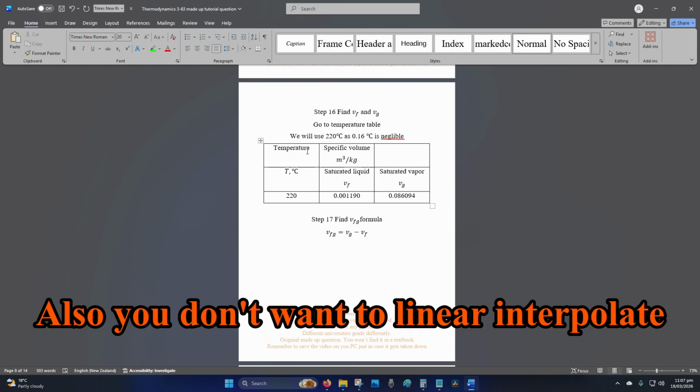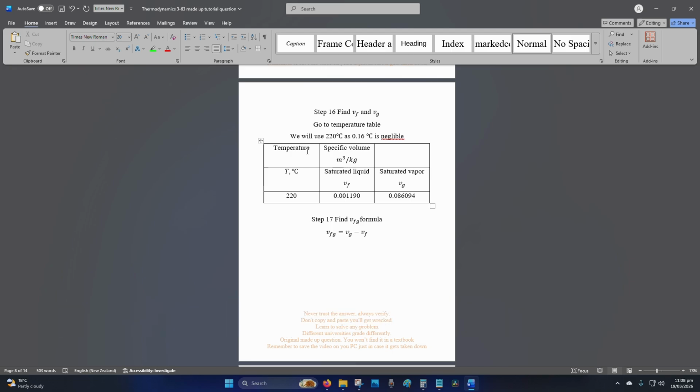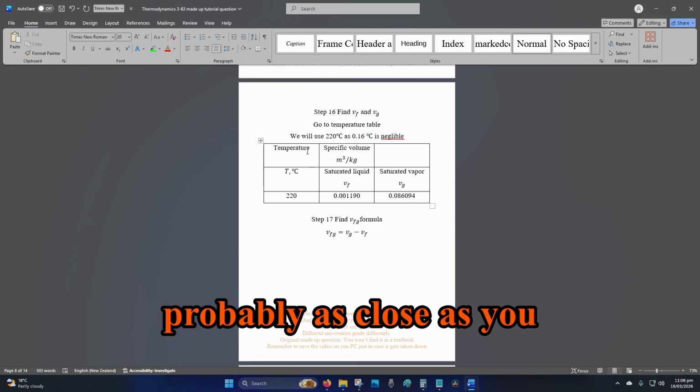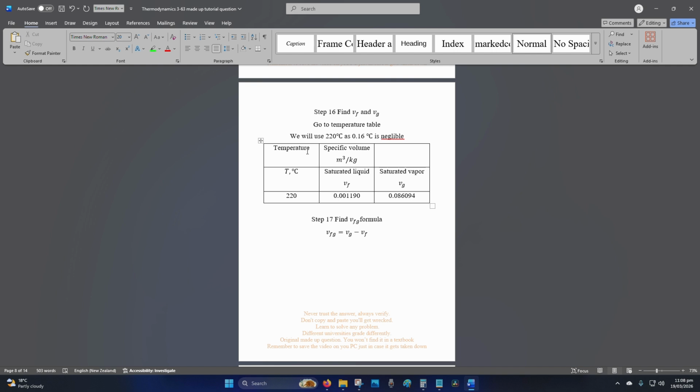Also, you don't want to linear interpolate just for that small decimal place value. I would say the whole temperature is probably as close as you can get without being precise.